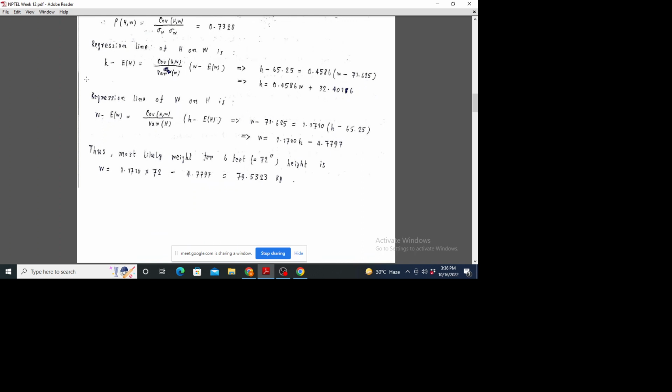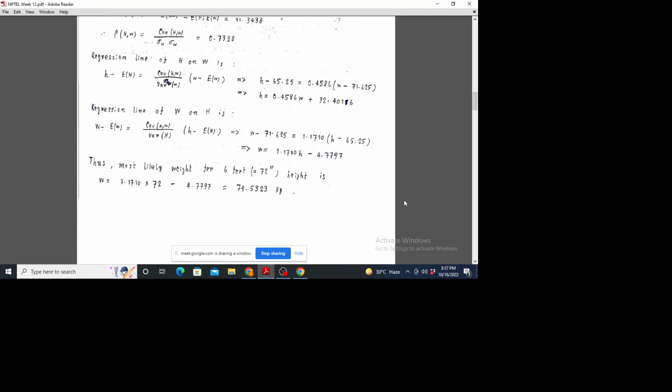Similarly, you find the regression line of W on H. Again, the standard formula. The slope of the regression line will be given by this. We know the numerator directly, and the denominator is var h, which is the square of the standard deviation of h.